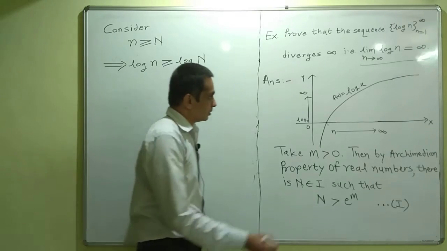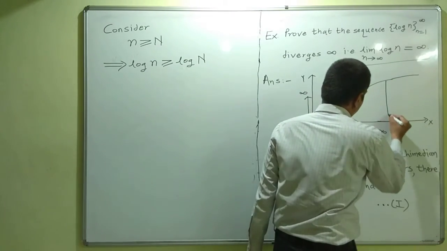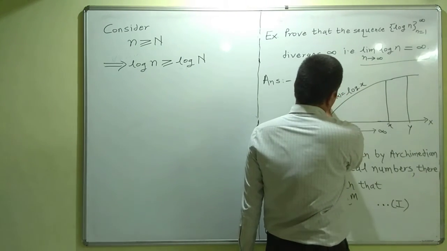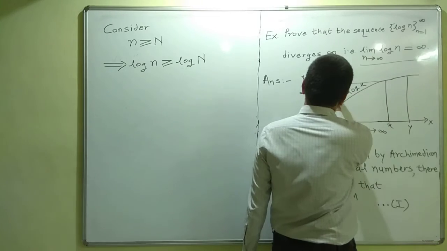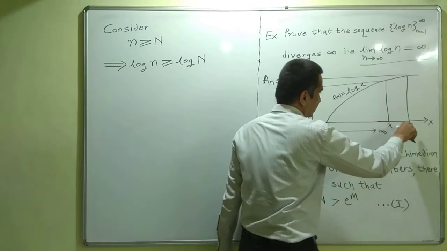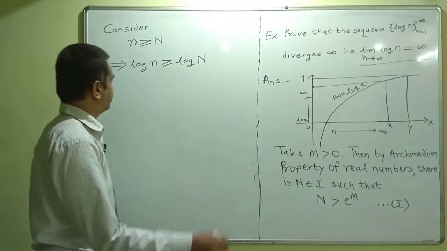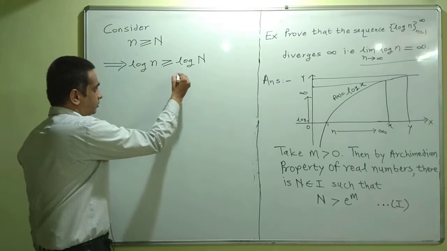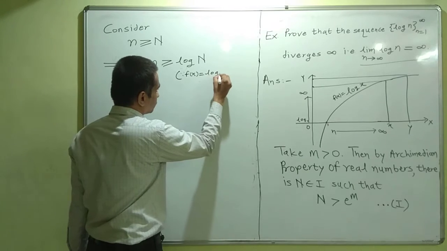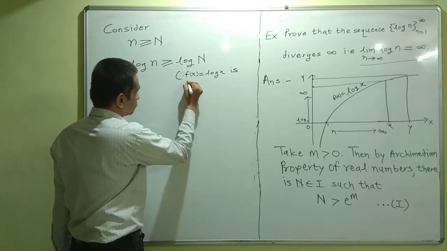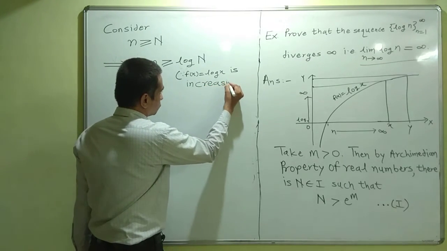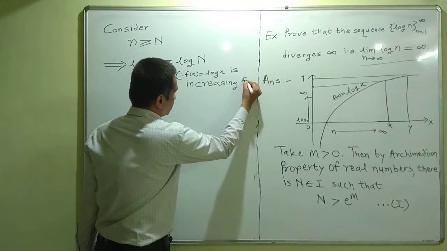Why is it? Because this is increasing function. You can observe that if x is less than y, then log x will also be less than log y. This is log x and this is log y. So if x is less than y, then log x will be less than log y. So as you may write here, since f(x) equal to log x is increasing function.